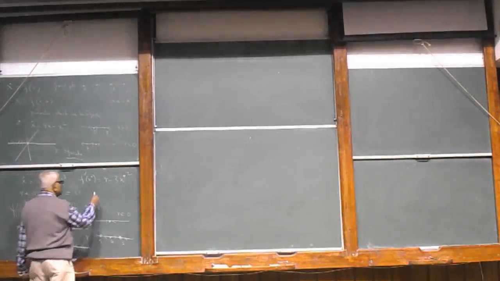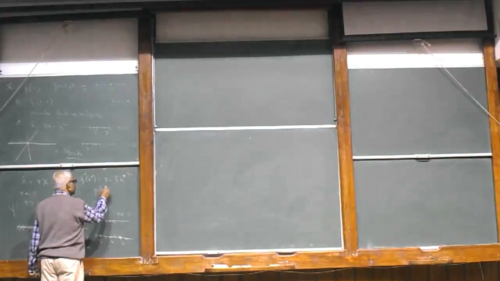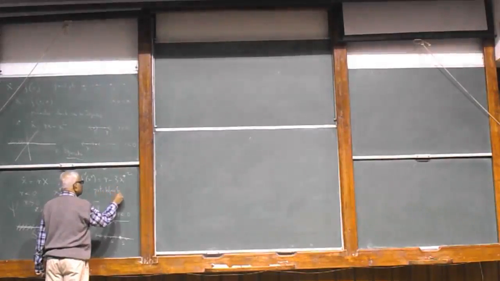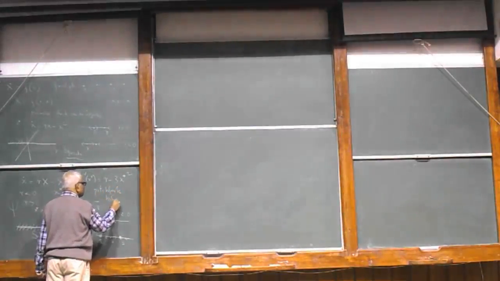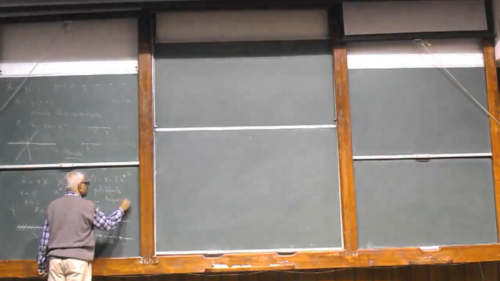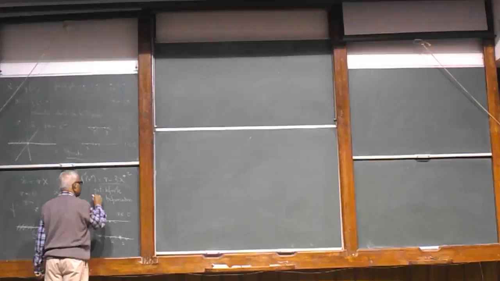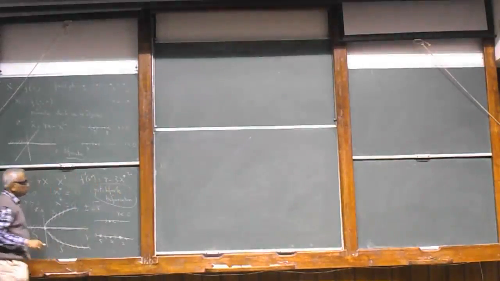This looks like a pitchfork, I mean, it would look like a pitchfork rotated through 90 degrees. And so this is what one calls a pitchfork bifurcation.